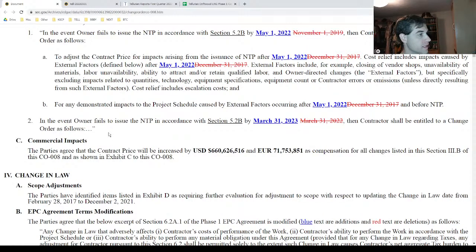So we see this in the change order that was filed with the quarterly report. We finally got that price refresh, right? I had been talking about this, where I don't think that the price that they had, that was still from 2019, is valid anymore. Now we have concrete proof that that price was not valid.